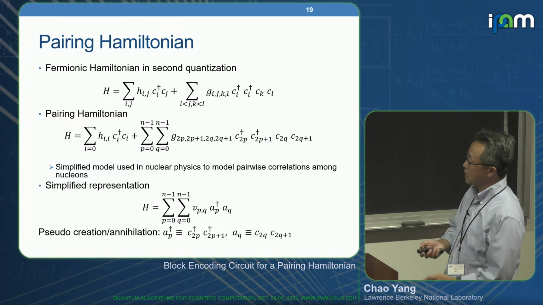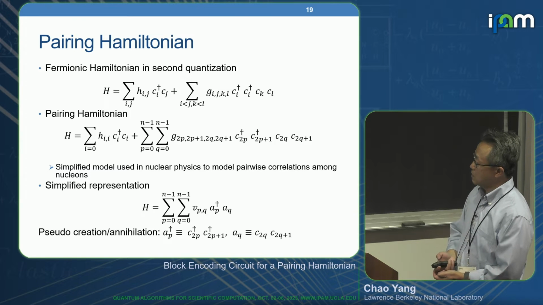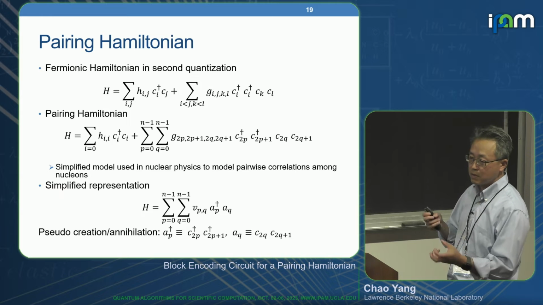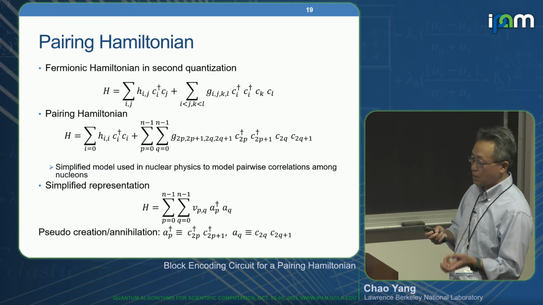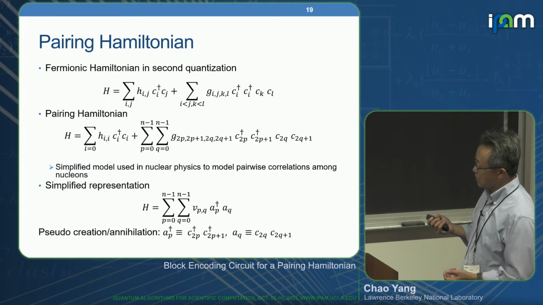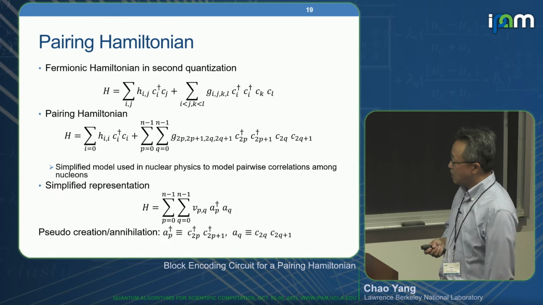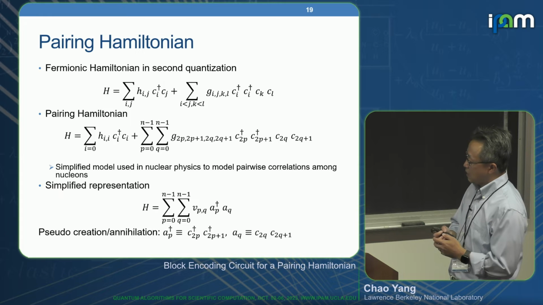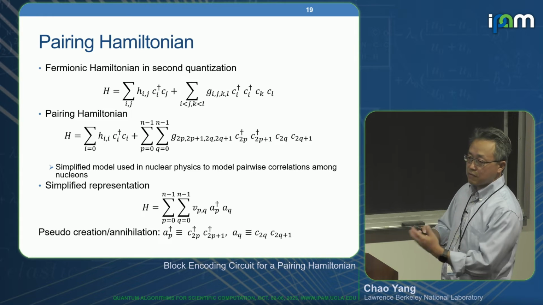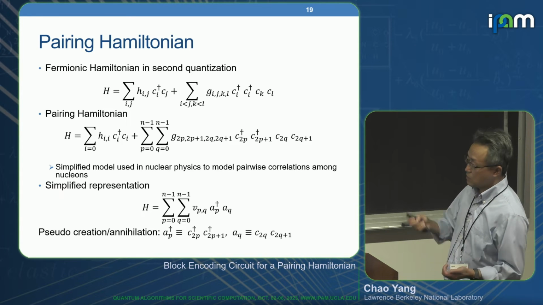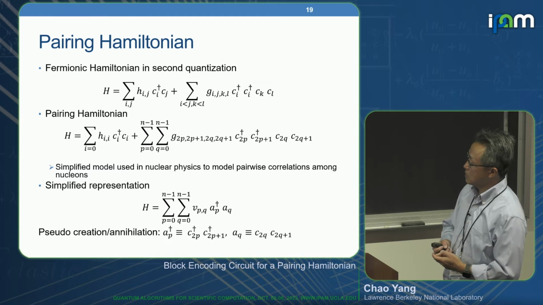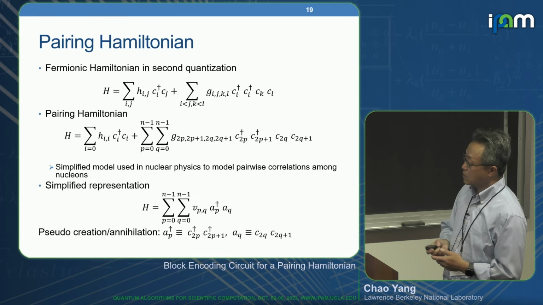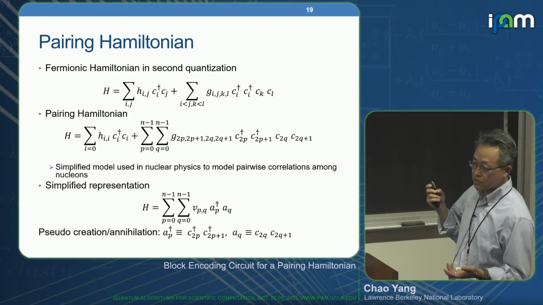It's a simplified model used in nuclear physics to model pairwise correlations. They look at nuclei with an even or odd number of nucleons. But for the purpose of this talk, we just view this as a simplified version of the full fermionic Hamiltonian, so that I don't have to work with all these four creation and annihilation operators.